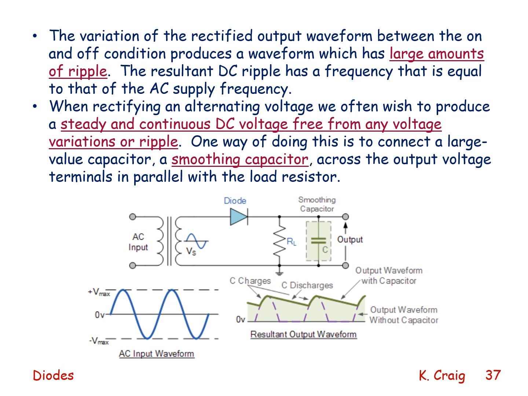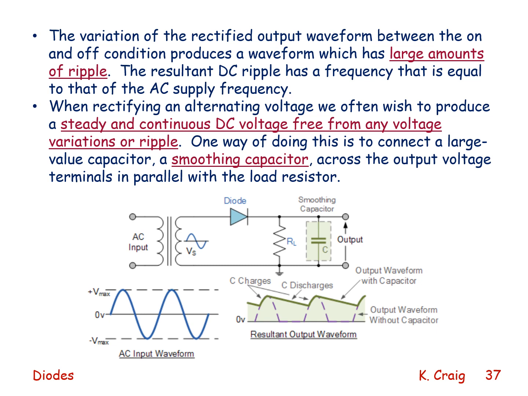The variation of the rectified output waveform between the on and off condition produces a waveform which has large amounts of ripple. The resultant DC ripple has a frequency that is equal to that of the AC supply frequency.